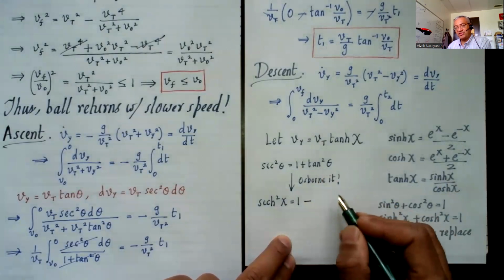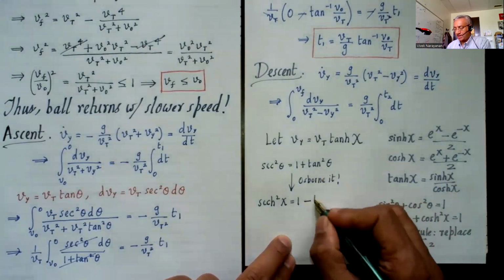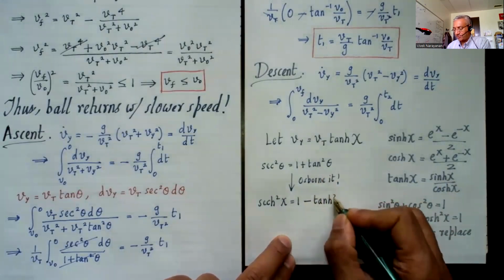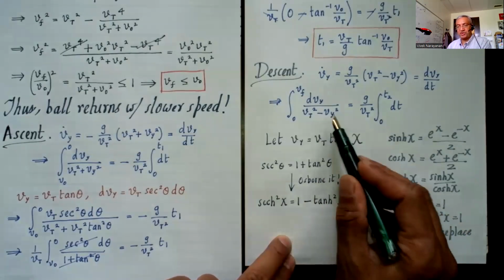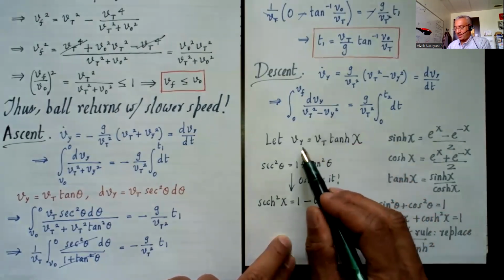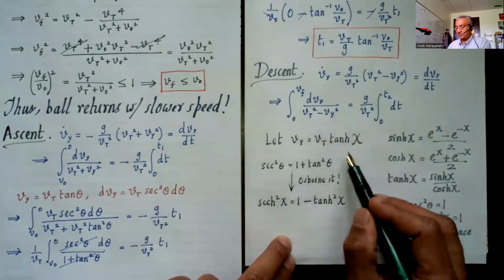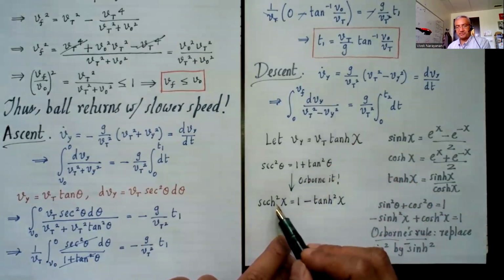And then I have negative sinh squared over cosh squared, which is again negative tan hyperbolic squared. Now you see why tan hyperbolic is a very good substitution for this problem, because you have 1 minus something squared, and that's going to give me sech.